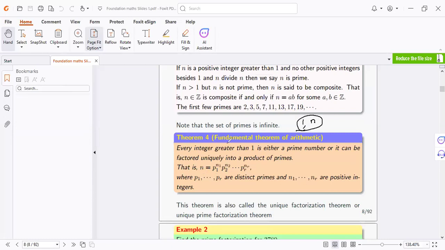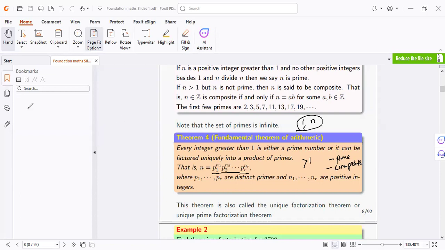So what this fundamental theorem says is that any number that is greater than 1 will either be prime, or if it's not prime, then it's composite. And it being composite means that that number can be factored as a product of prime numbers.